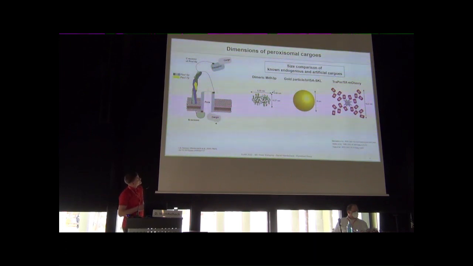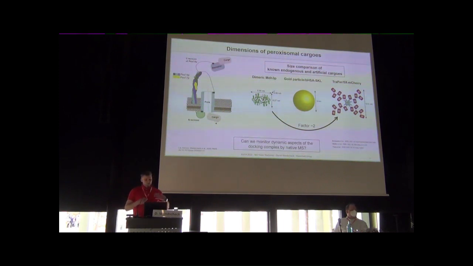If we have a look at the enzyme MDH3, we have a size of about 5 to 9 nanometers, and then there's a study from 2018 from Young et al. which describes the peroxisome even as omnivorous, since this cargo was even larger, by a factor of about 2, and everything was imported into peroxisomes. From this we can deduce that this import pore and also the docking complex on the left side have to be rather dynamic, due to the different sizes of these.